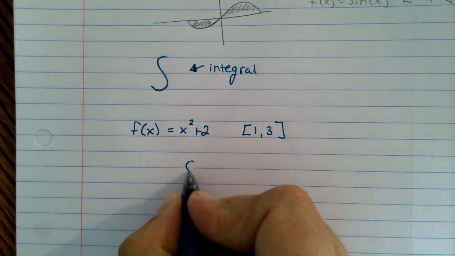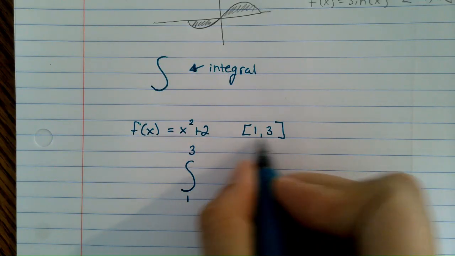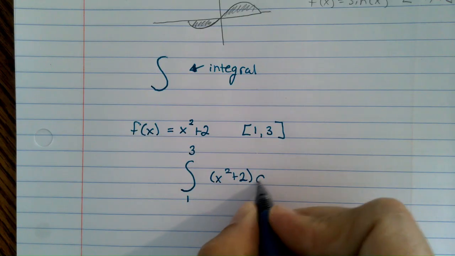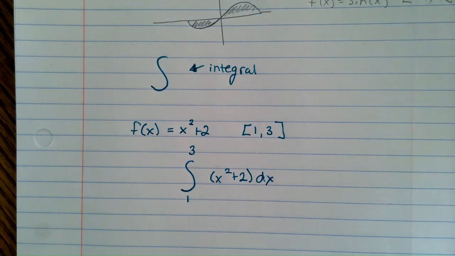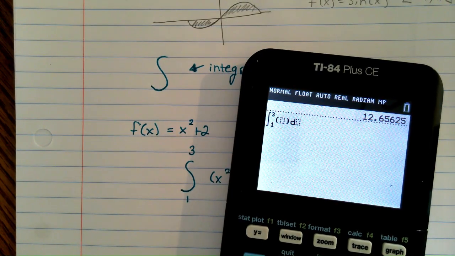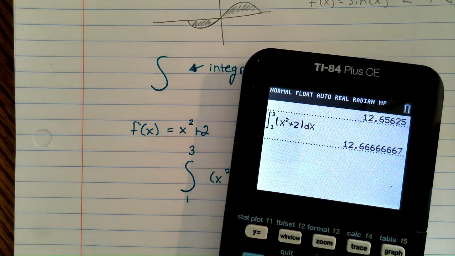We would write integral 1 to 3, x squared plus 2 dx. And it's going to find us that 12.6 repeating, which I told you guys in the last video was the answer. But now we've got to learn how to do it by hand.